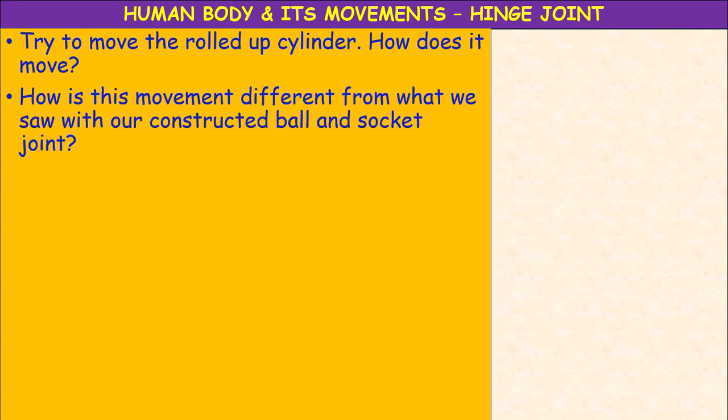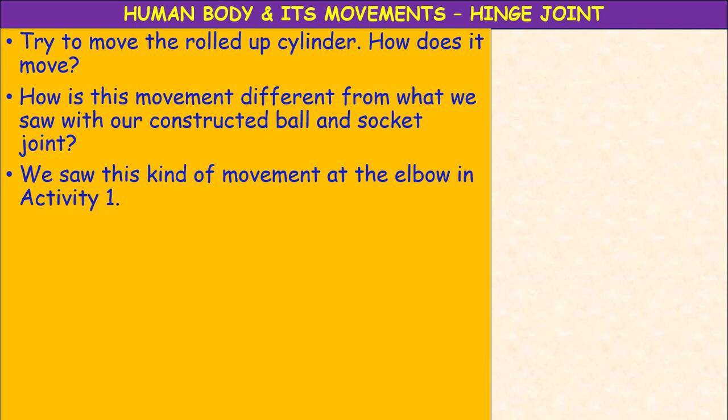How is this movement different from what we saw with the ball and socket joint? In a ball and socket joint, the movement is in all directions, but here the movement is only back and forth, one direction only.